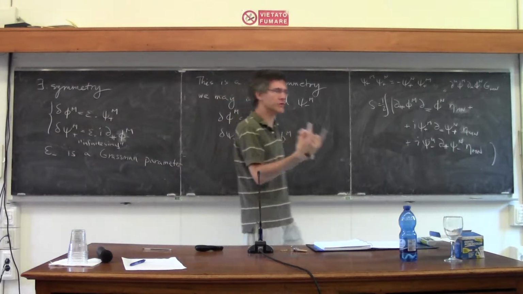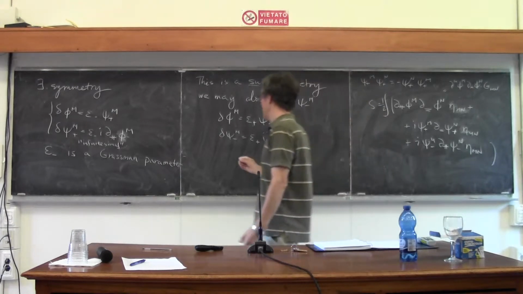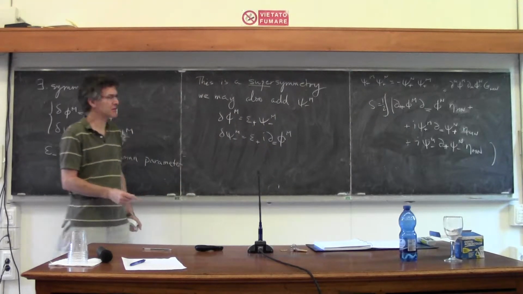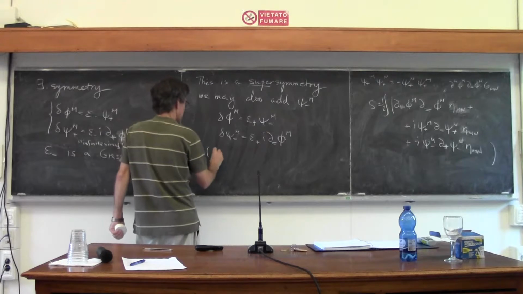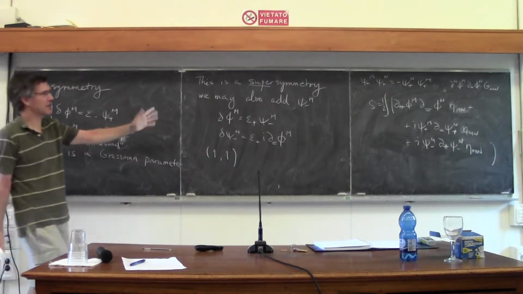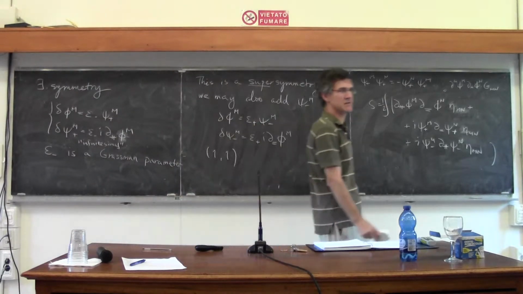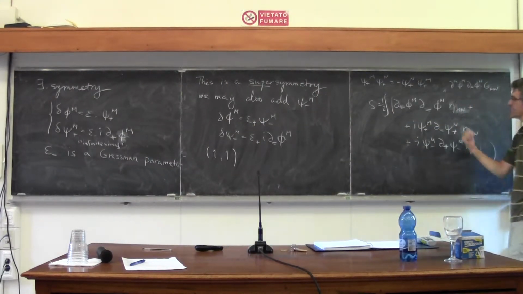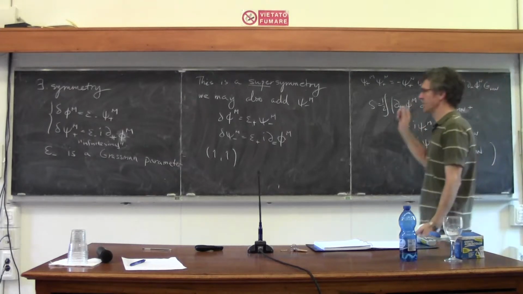We have two supersymmetries, or in the two-dimensional language, one counts supersymmetries mixing plus fermions and bosons differently than supersymmetries mixing minus fermions and bosons.